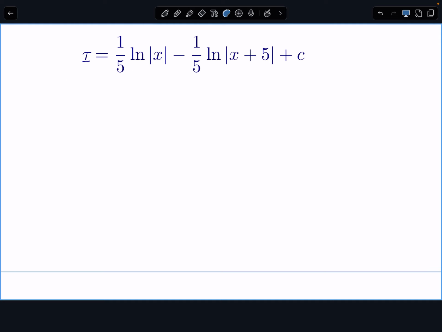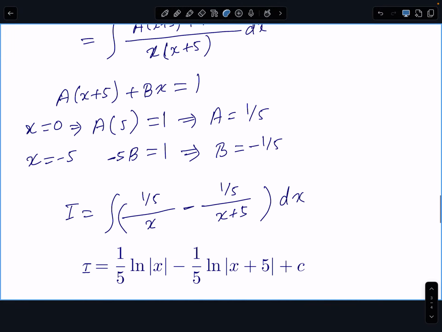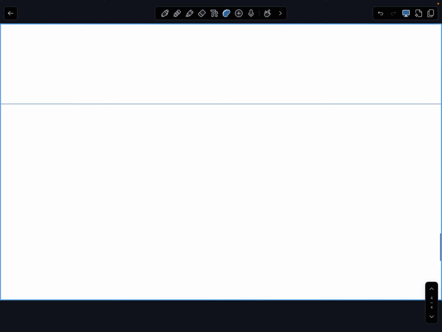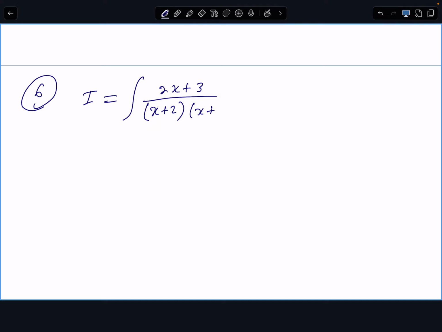Okay, for example, if we have I equals 2x plus 3 over, I'm not sure, x plus 2 times x minus 3 whole squared, something like this.